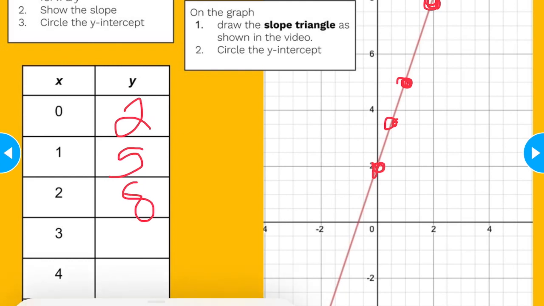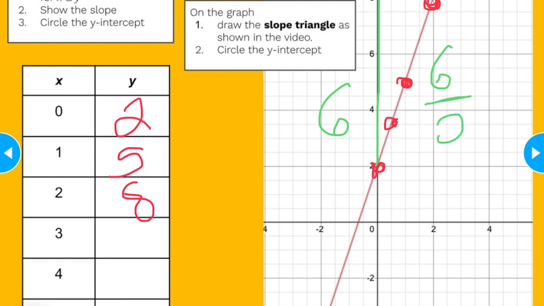Let's look at the slope of this line. If we do rise over run from one point to another, we notice that the graph increases from 2 to 8, it goes up 6, and across it goes over 2. So rise is 6, run is 2. 6 over 2 simplifies into 3 over 1.